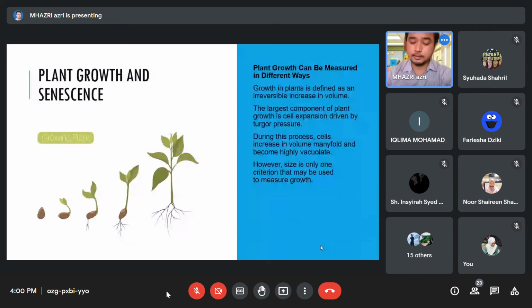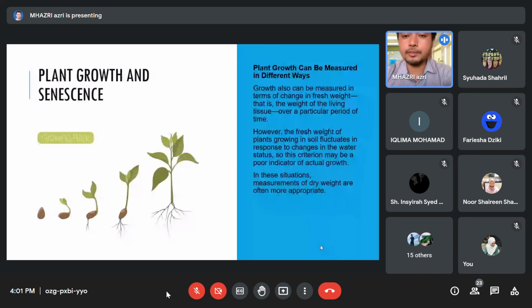Okay, that's when their cells increase in number but not in volume. So if you want to measure growth, make sure you use the correct parameters, because like I said earlier, a plant can increase the number of cells without increasing its volume. Okay, growth also can be measured in terms of change of fresh weight.